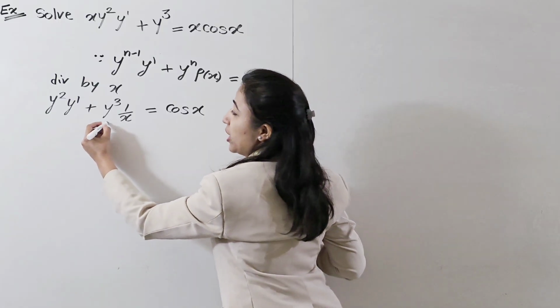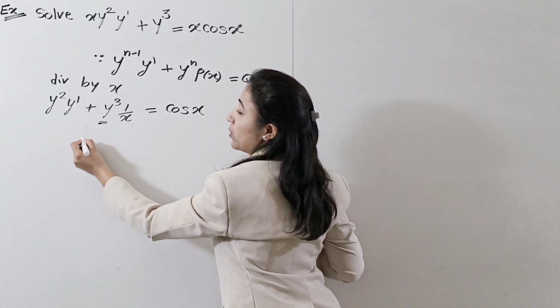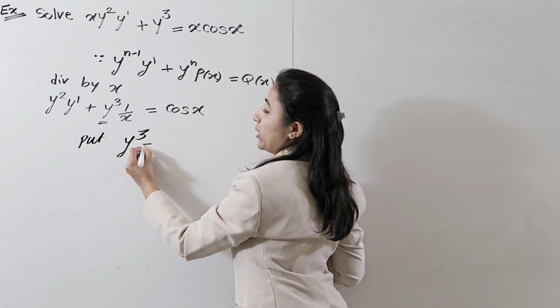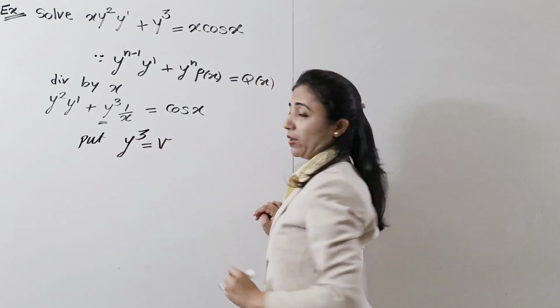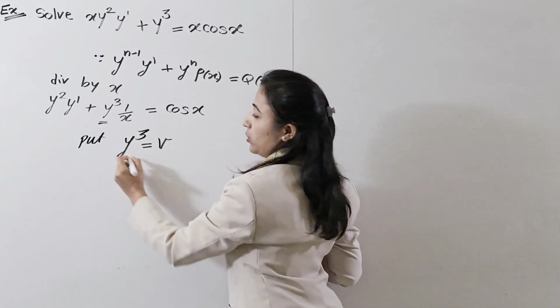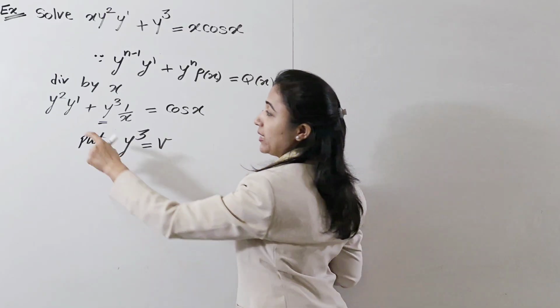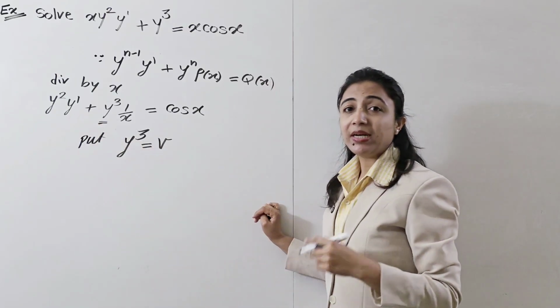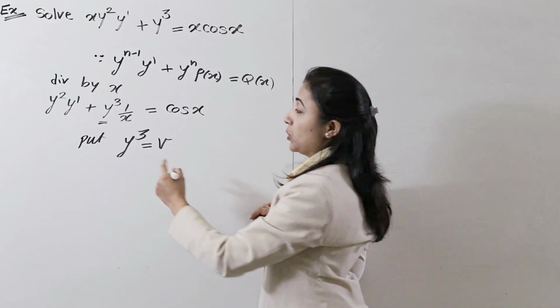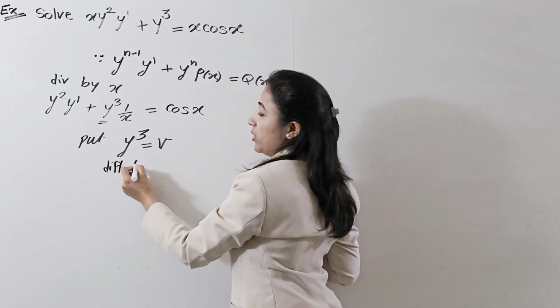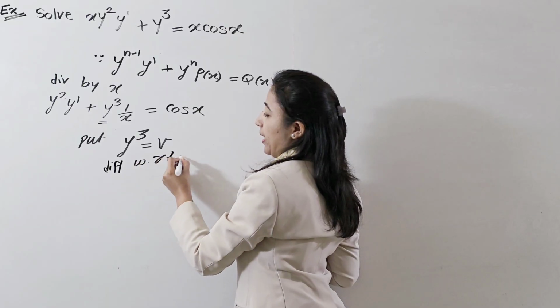For that, this function of y we have to convert into a single variable. So let's suppose we consider this y cube as a single variable v. Then you have to differentiate this term with respect to x, because y dash is nothing but dy by dx.